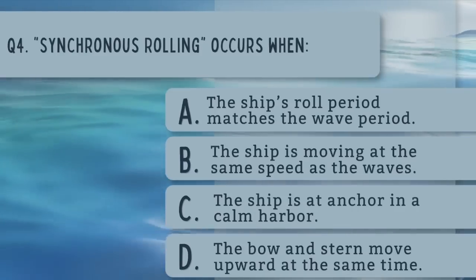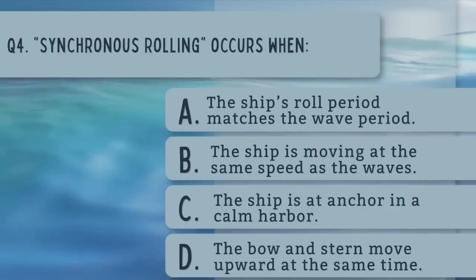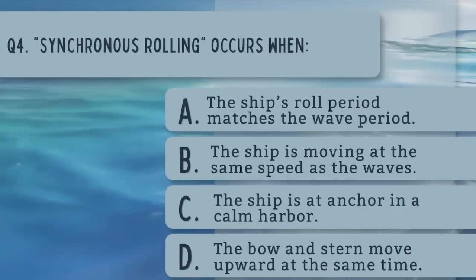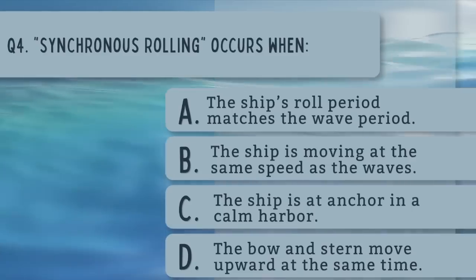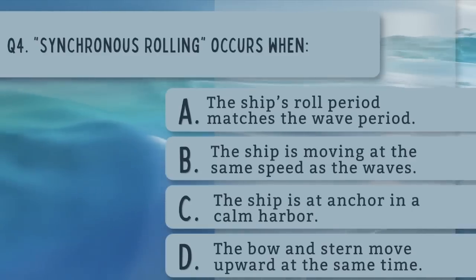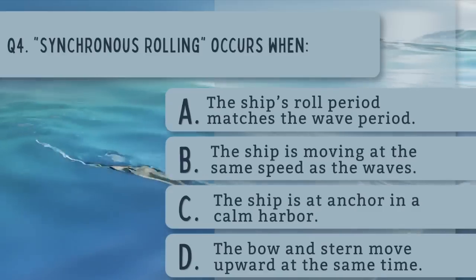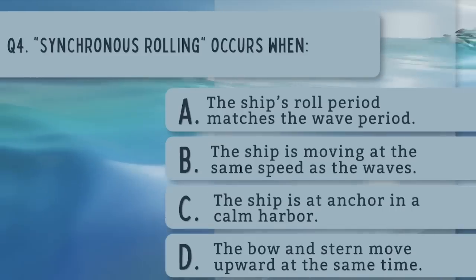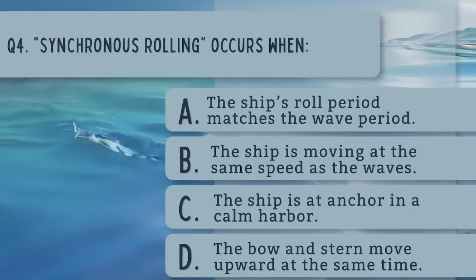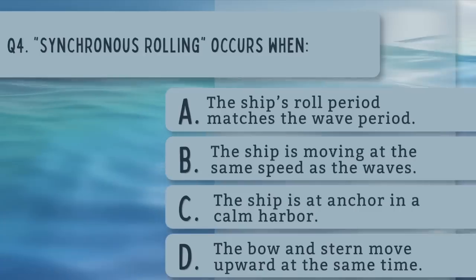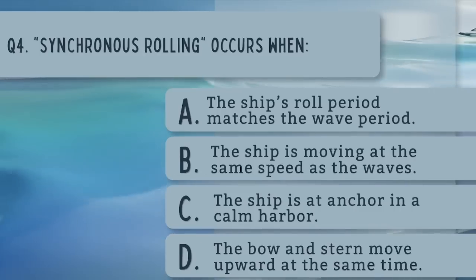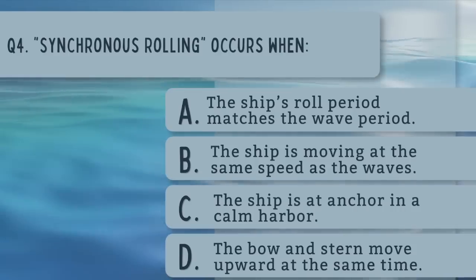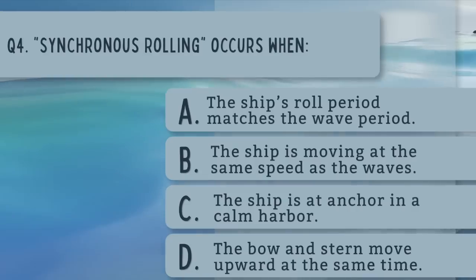Another question that we have here is: synchronous rolling occurs when A. the ship's roll period matches the wave period, or B. the ship is moving at the same speed as the waves, or C. the ship is anchored in a calm harbor, or D. the bow and stern move upward at the same time.